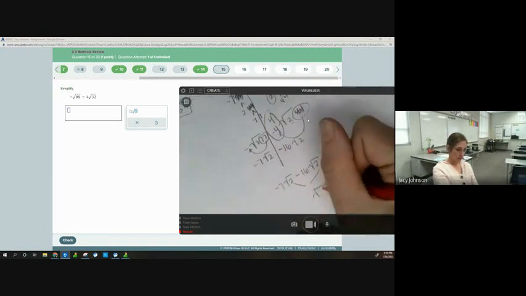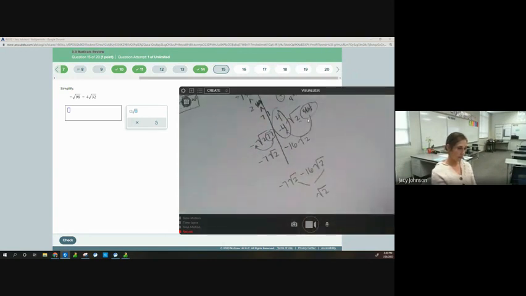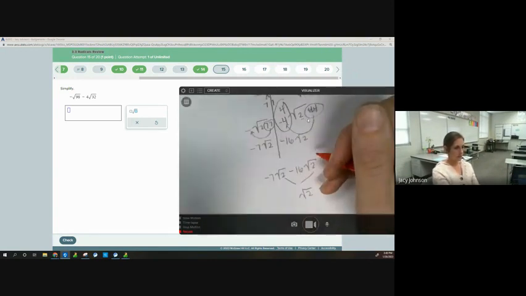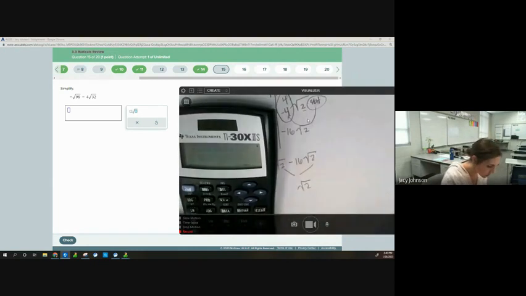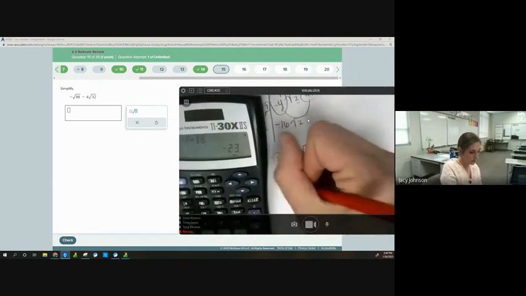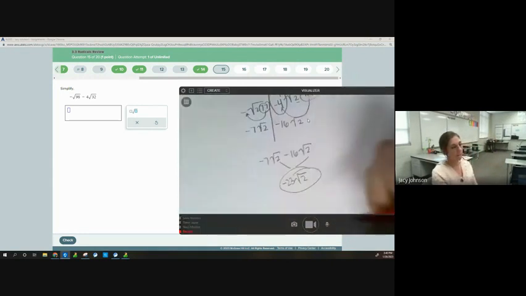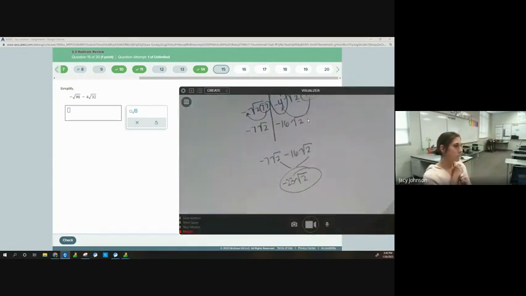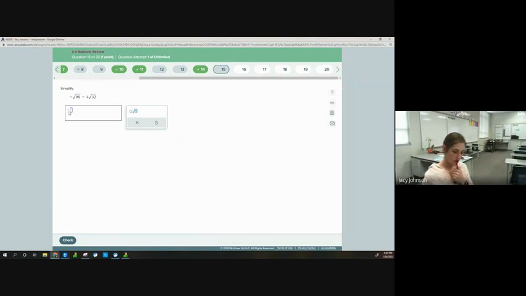So I'm going to bring down that square root of 2, and I'm going to combine what's in front. So negative 7, and I don't want to do this wrong. It's been a long day. So negative 7 minus 16 is negative 23. Okay. So negative 23 square root of 2.